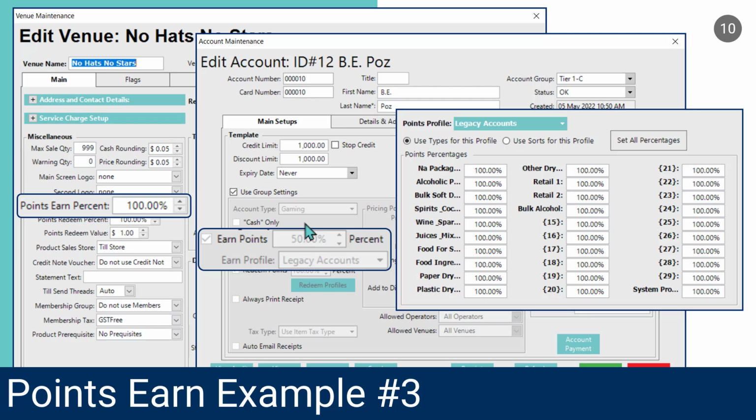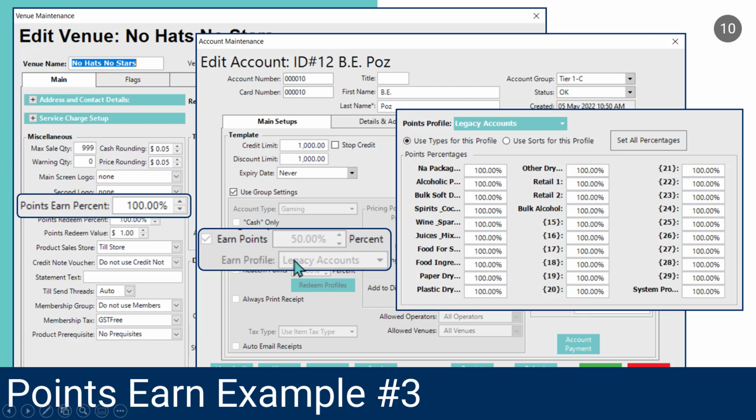I mentioned in the last lesson that we do have some scheduled jobs and things like that we can use to set up so that accounts can be moved from one account group to another. So we'll say something like that could have happened here. Regardless, BYOB is now in this account group where they're only earning points at a 50% rate.